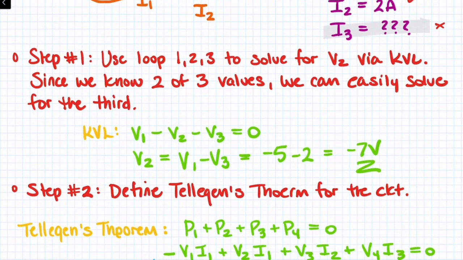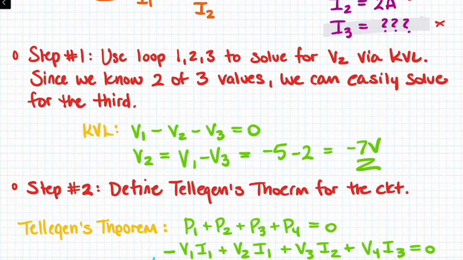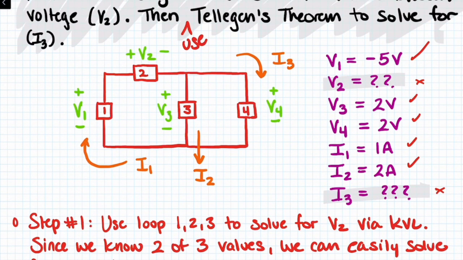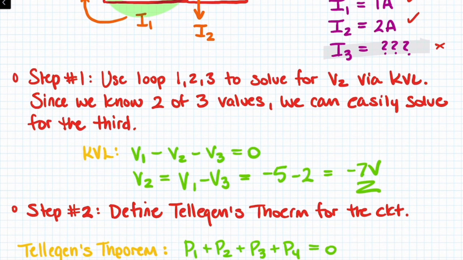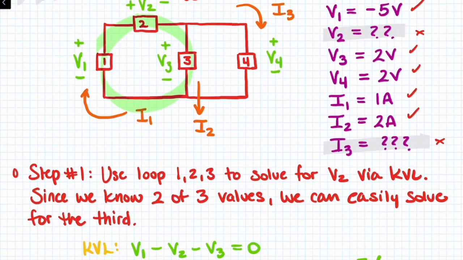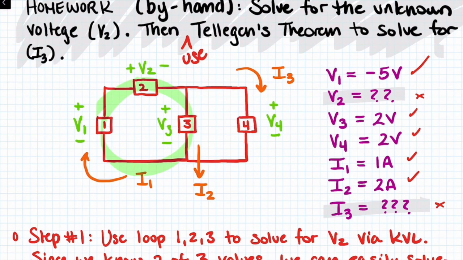So the first step is going to be to use the loop 1, 2, 3, this one here, to solve for V2 using KVL. Since we know 2 of the 3 values, we can easily solve for the third. As you can see here, we have 2 different options to apply KVL.